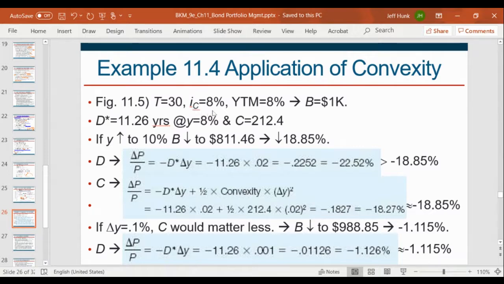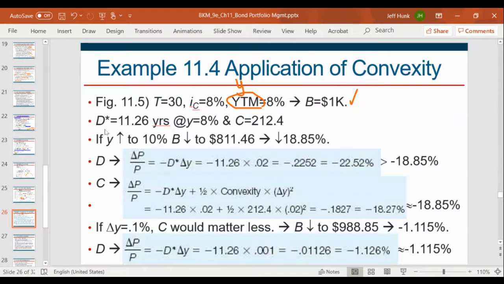Coupon rate is 8%. Yield to maturity is 8%. Of course, then the bond must sell at par value, because coupon rate and yield are the same.